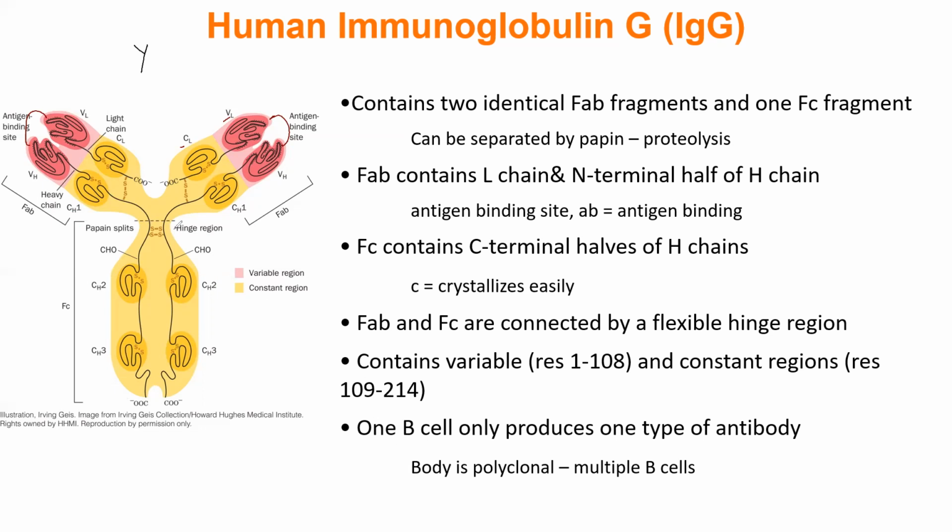Then the Fc region is the region that will communicate with the rest of your immune system. So when the variable region binds an antigen, this Fc region will be sticking out. And this is what binds to your B cells to get the whole immune response going.